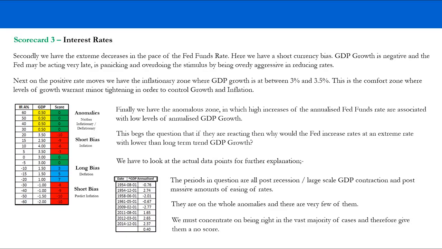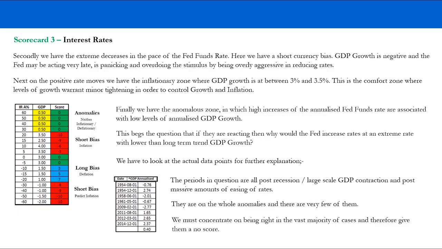So if you filter in the spreadsheet, you'll be able to find all this data. The periods in question are basically all post-recession or large-scale GDP contraction and post massive amounts of easing rates. They're basically, on the whole, anomalies, and there's very few of them.